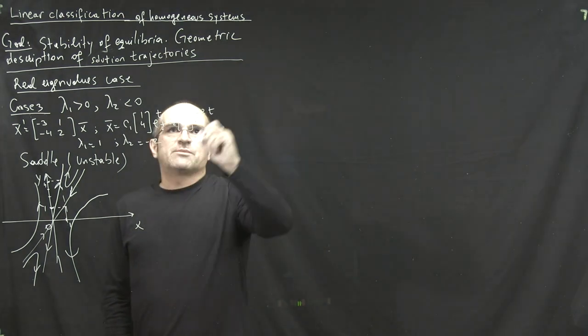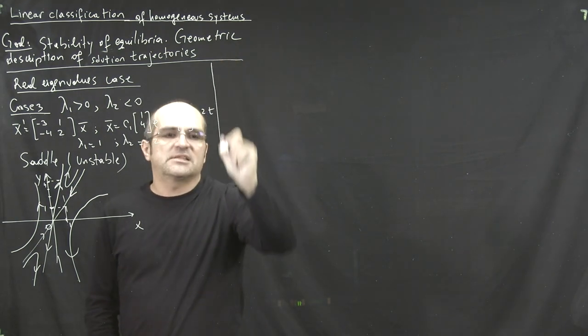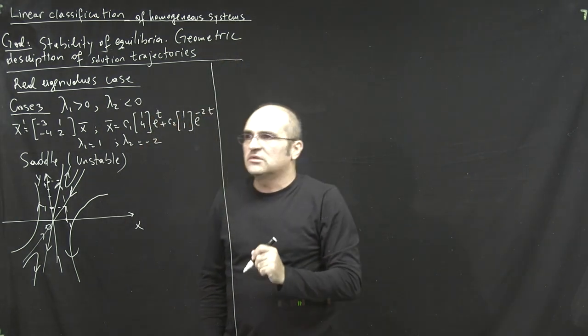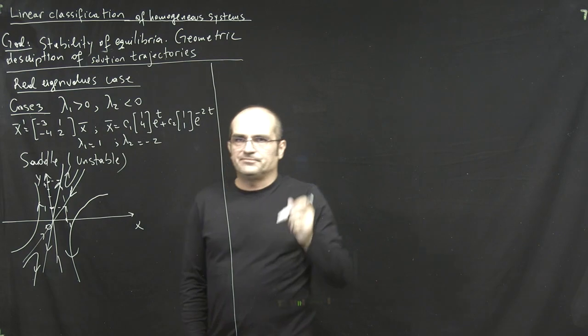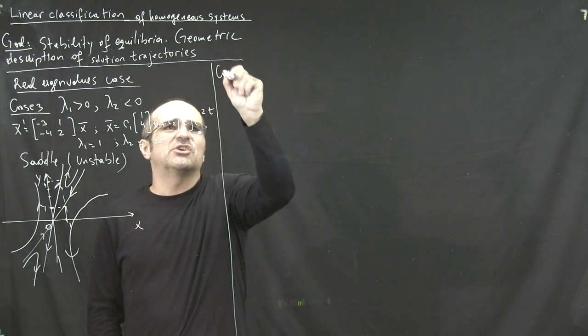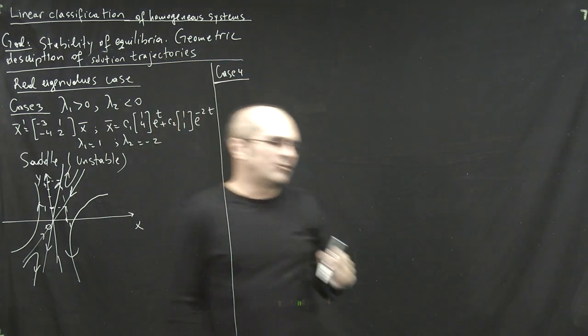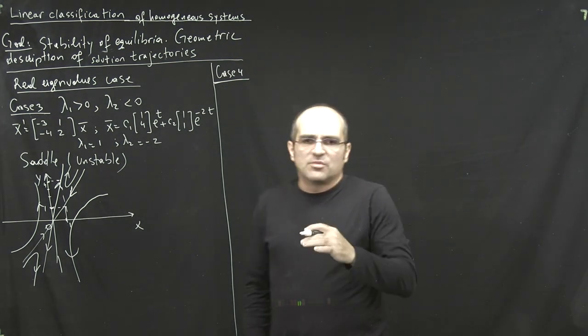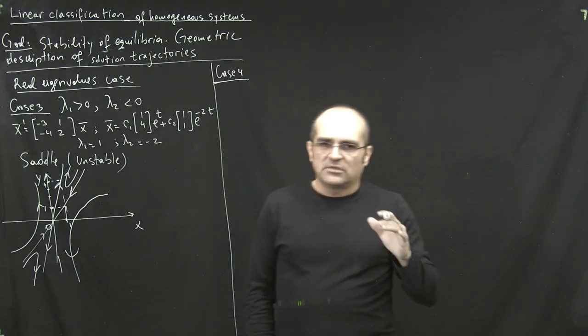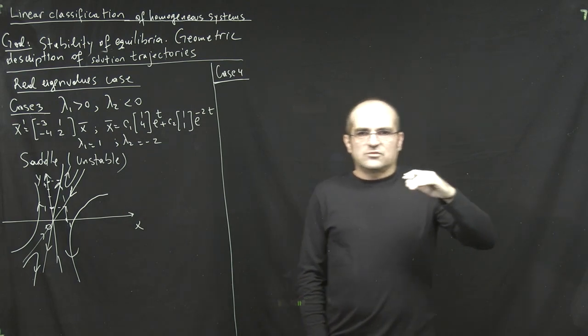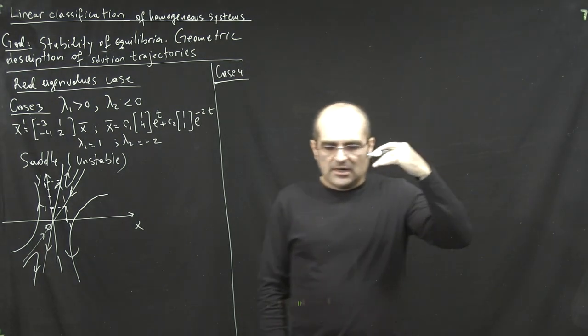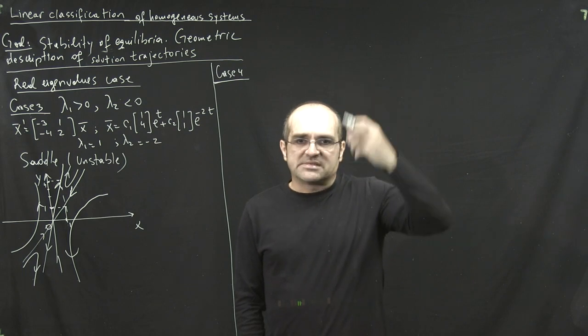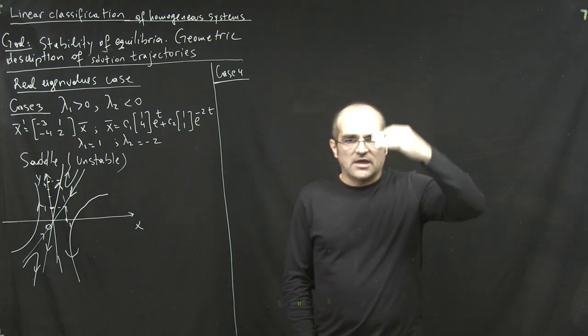So the next one I want to go over now is the star node, just for completion of the whole classification. I told you before that in a 2x2 case, the star node is not important because it corresponds to decoupled systems that can be solved equation by equation.